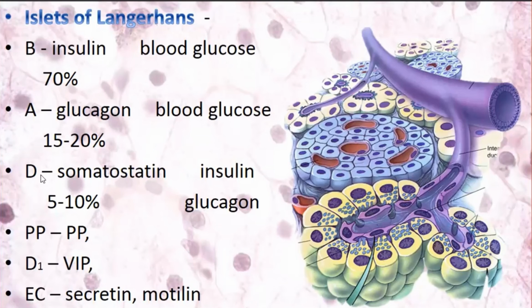Somatostatin is produced by D cells. It regulates production of insulin and glucagon. And also PP cells produce pancreatic polypeptide. D1 cells produce vasointestinal peptide. EC cells produce secretin, motilin.